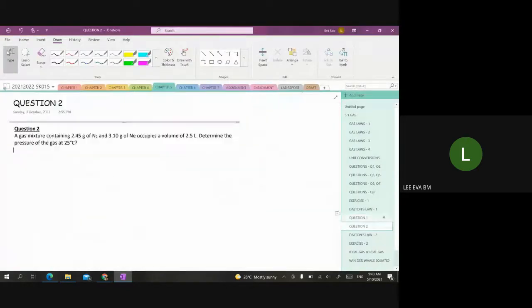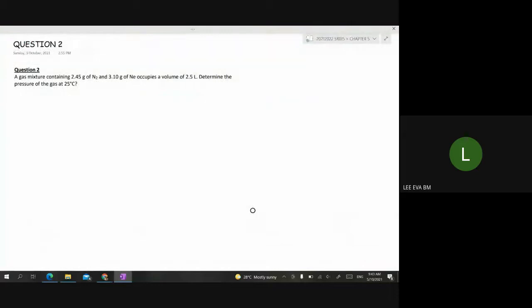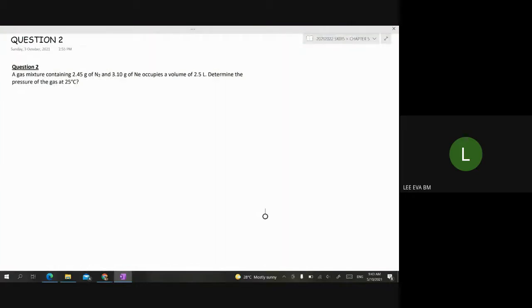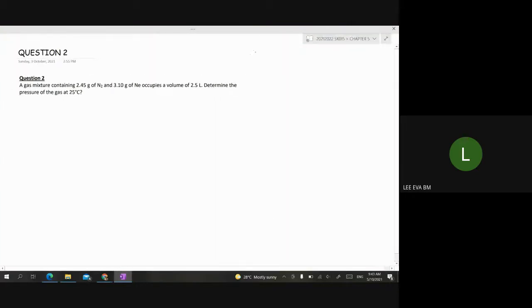Okay, let's go to the second question over here. Oh, just words, no picture. Okay, so the second question says that a gas mixture containing 2.45 gram of nitrogen, so mass of nitrogen, and also 3.10 gram of neon, mass of neon, occupies a volume of 2.5 liter. Determine the pressure of the gas at 25 degrees Celsius.